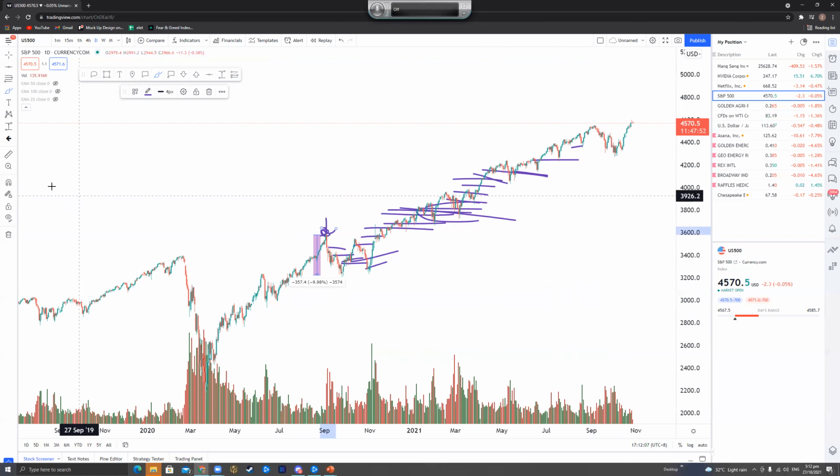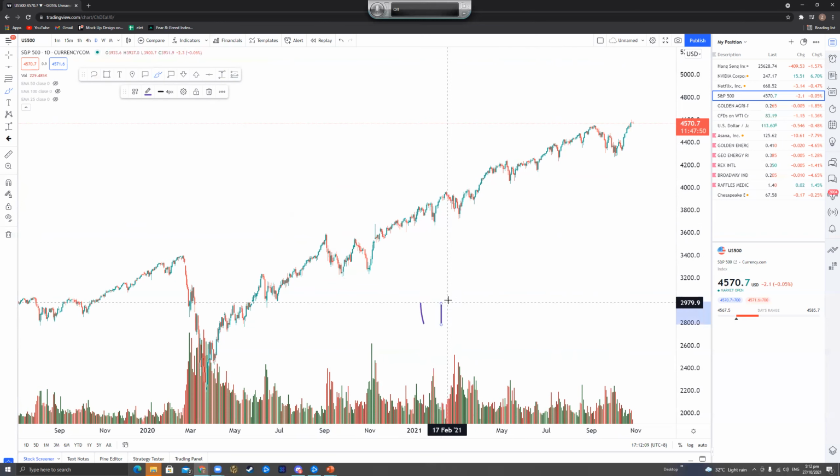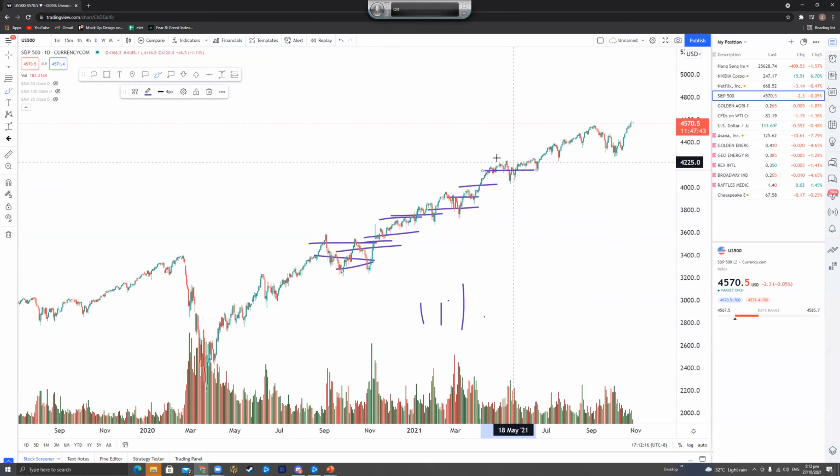Meaning, if I place a trade with an 11% stop loss, anywhere along this uptrend, I will be getting a profit regardless. All I need to do is be able to hold the position.